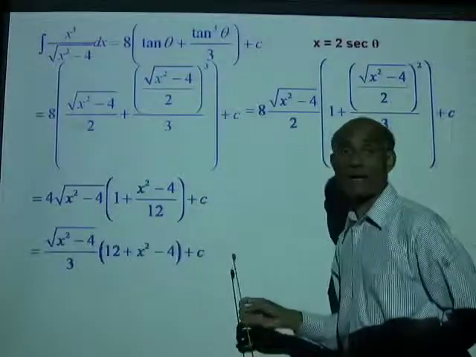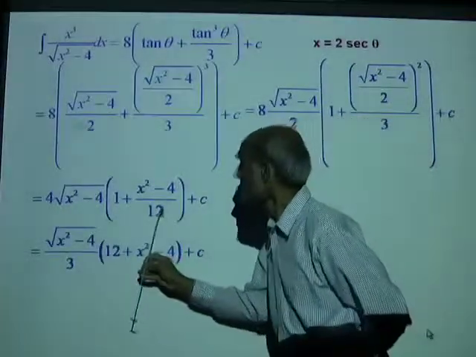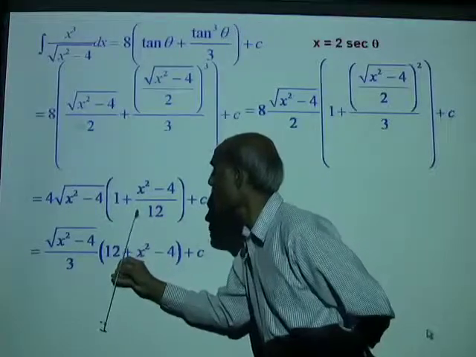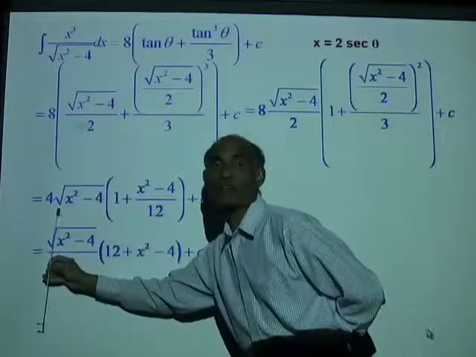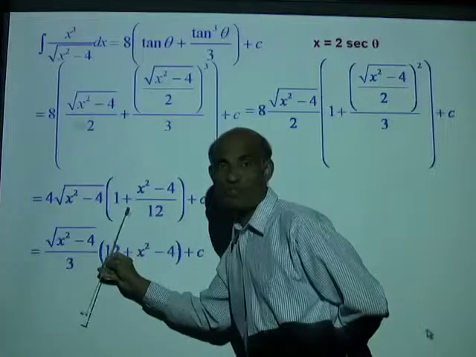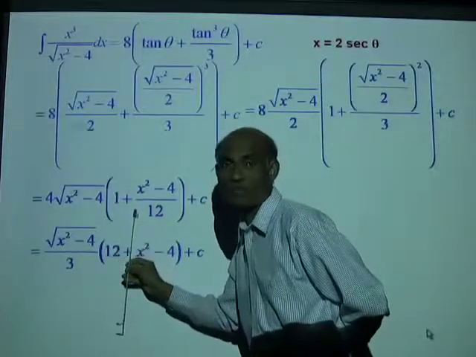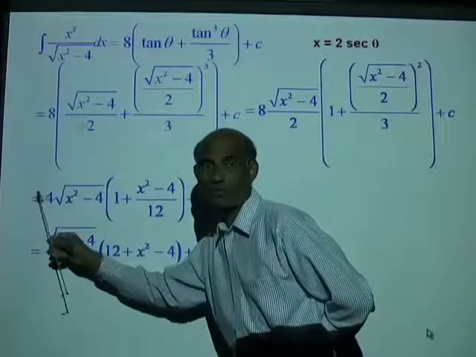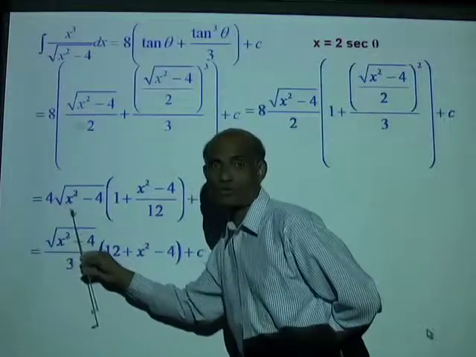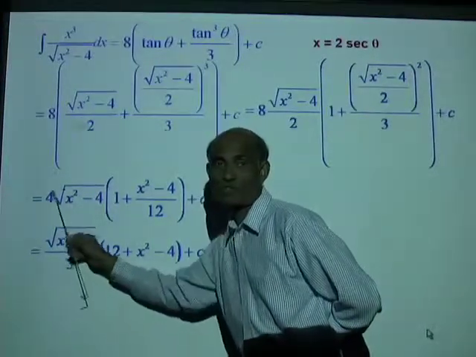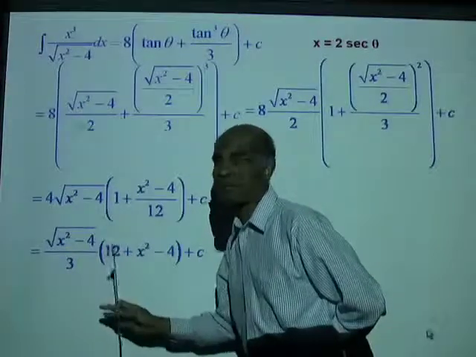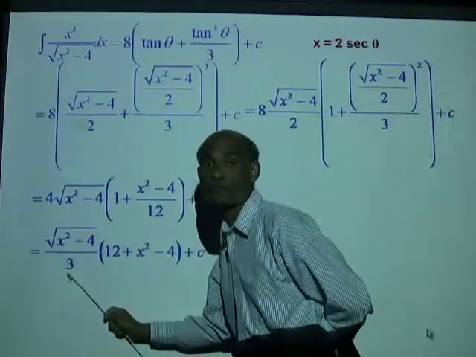And now simplify that again. Now take 12 as the common denominator and bring it out. When 12 is the common denominator, this 1 will multiply by 12. And the 12 comes out, this 4 goes with the 12 3 times. So this quantity now becomes square root x squared minus 4 over 3.